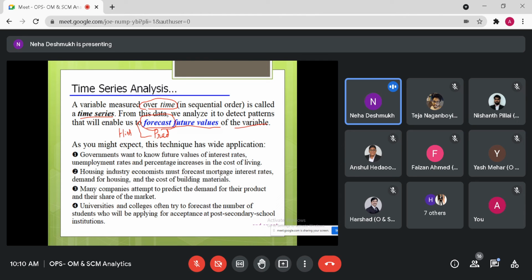Historical data detects the pattern and predicts the future pattern. So we first deal with the historical data, convert it into pattern form, understand that pattern, and then we can predict the next or future movement.